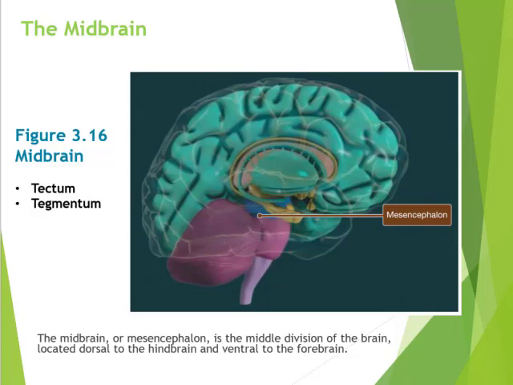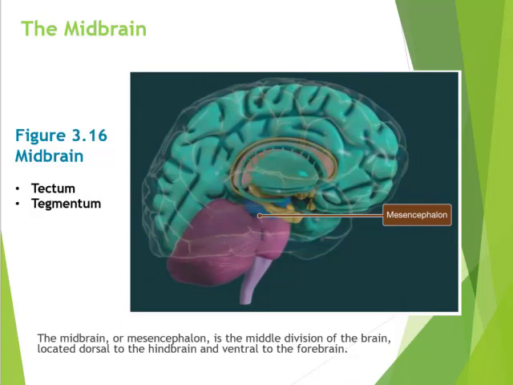The tegmentum is the covering, per se, of the mesencephalon, and it consists of the reticular formation and the rostral end, and some nuclei that control eye movements, and the periaqueductal gray matter and the red nucleus and the substantia nigra.